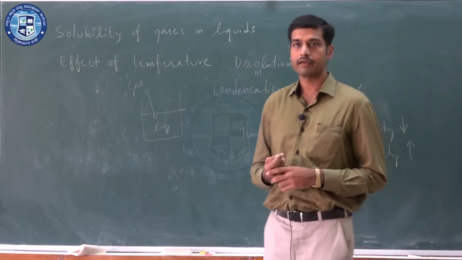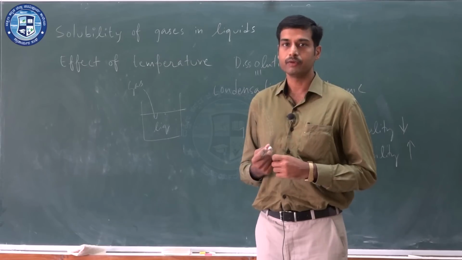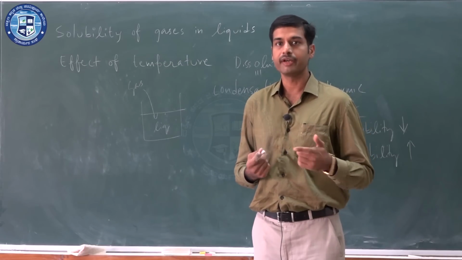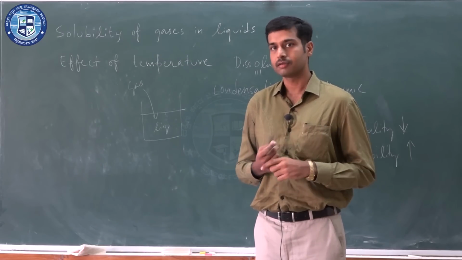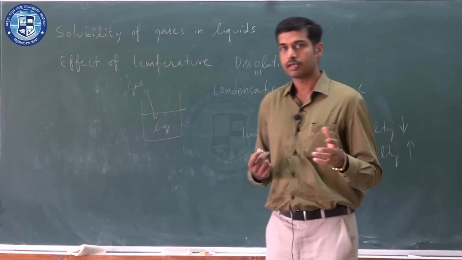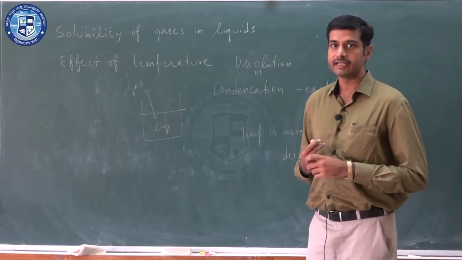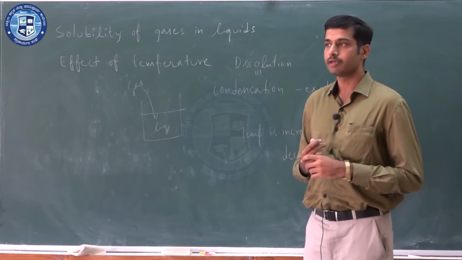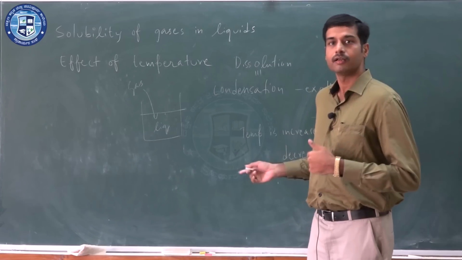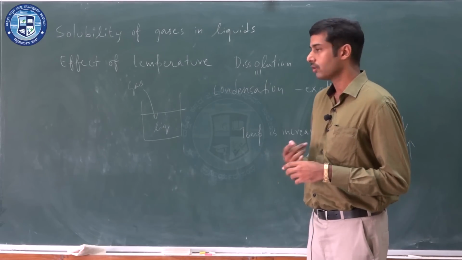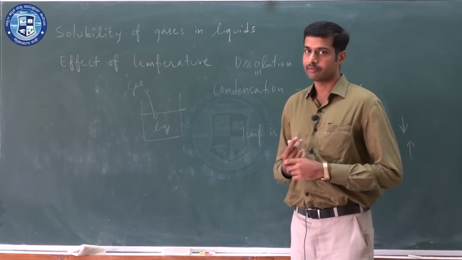Under Henry's law, we have also taken KH value, and on the basis of KH value, you can also arrive at how solubility will be affected with increase or decrease in temperature.